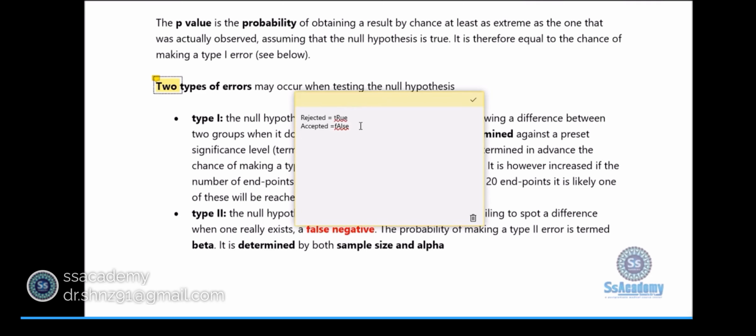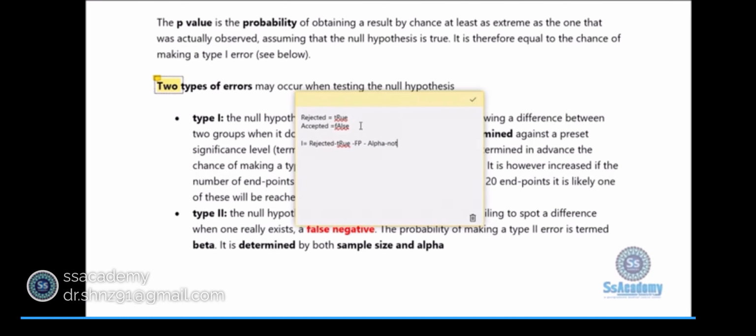So make a box once again. Type 1 equals, once again, the null hypothesis rejected when true. This is a false positive, and this is called alpha, and is not determined by the sample size.